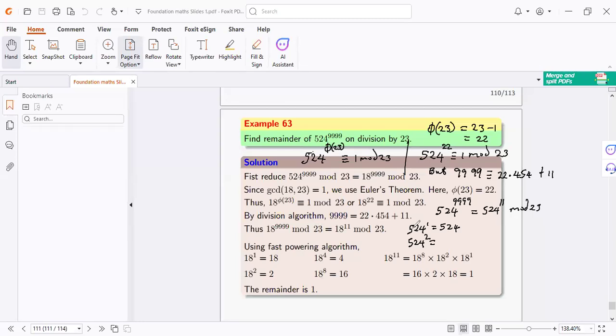Okay, let me change. Okay, so 524 times 524 is that, then divided by 23. Yeah, this is now okay.